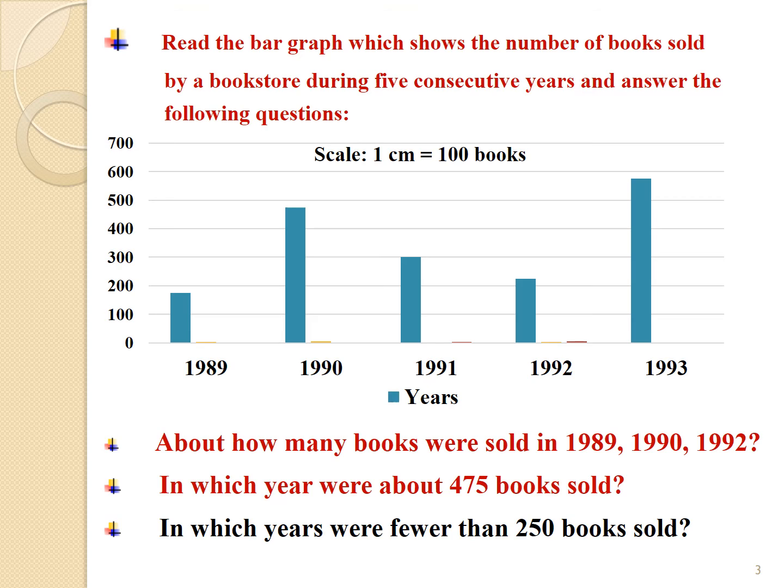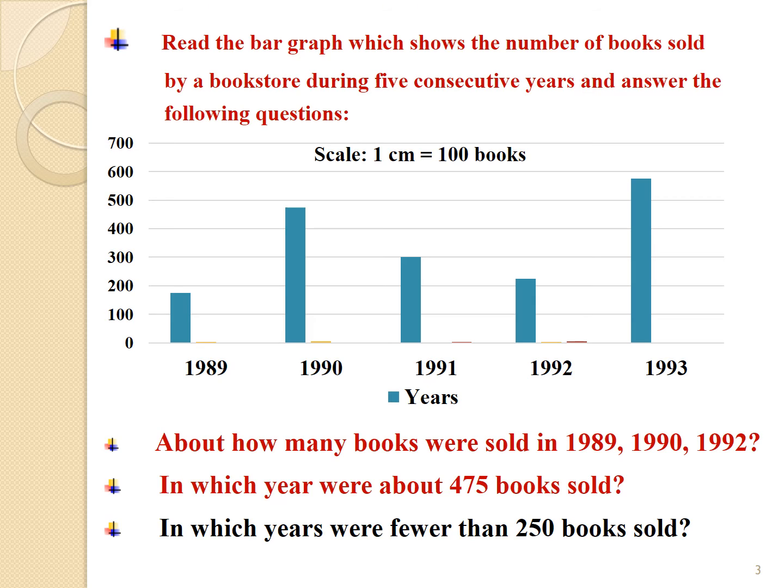In the year 1990, 475 books were sold. Thus, we can say that about 475 books were sold in the year 1990.